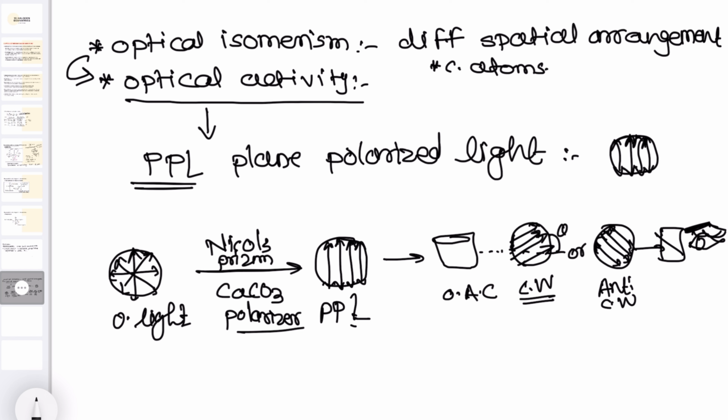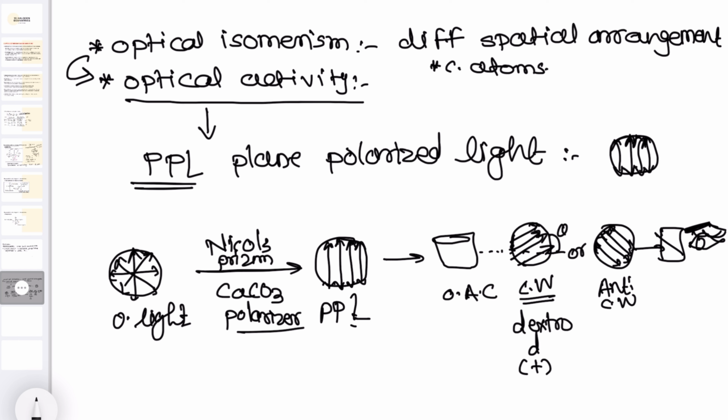If the substance rotates the plane of polarized light towards the clockwise direction, then the substance is known as dextrorotatory, denoted by the symbol D or a plus sign.